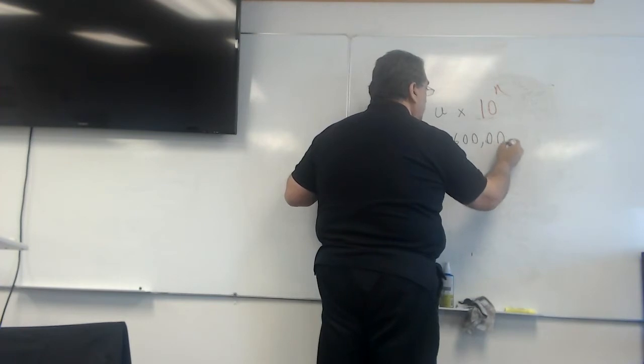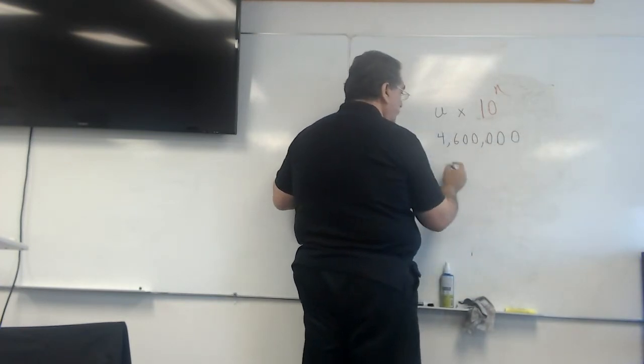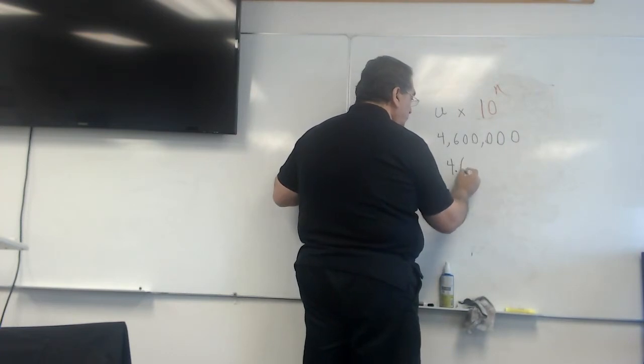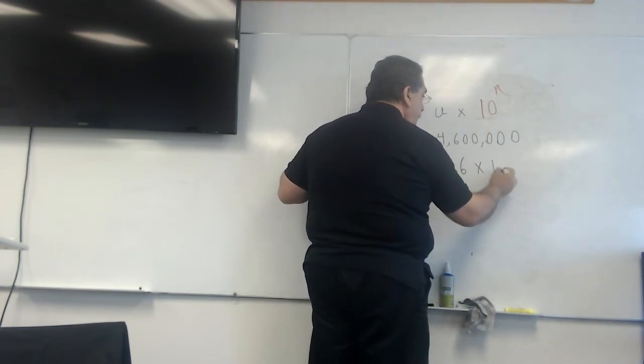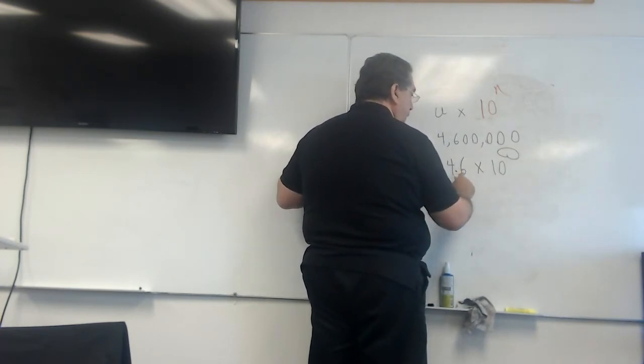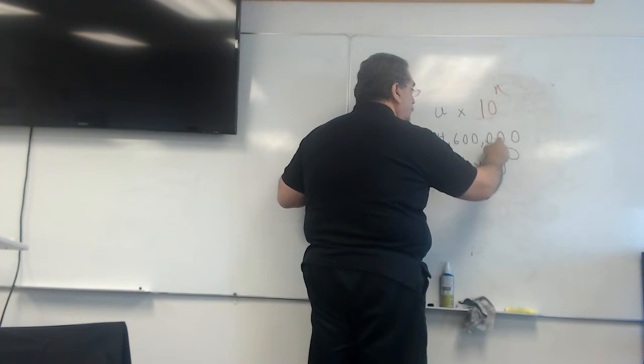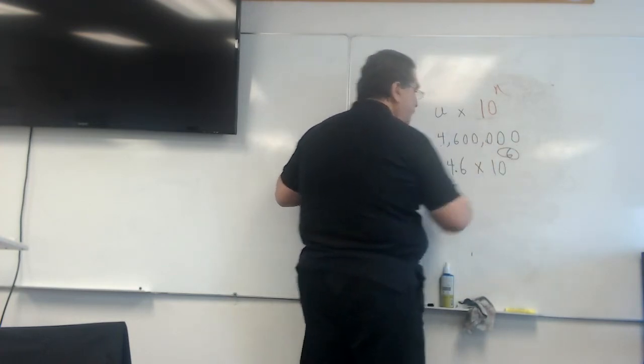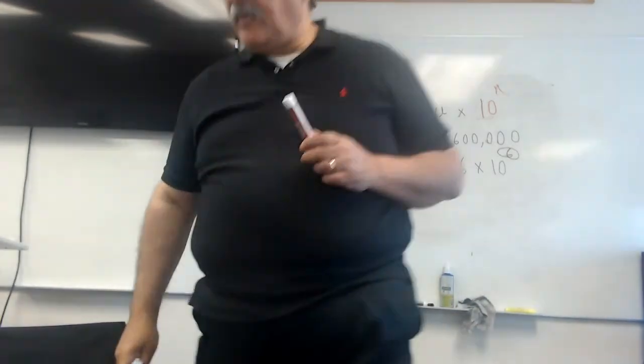We want to write it in scientific notation. So I write 4 point 6 times 10 to the power of, what should go there? 1, 2, 3, 4, 5, 6. 4.6 times 10 to the power of 6.